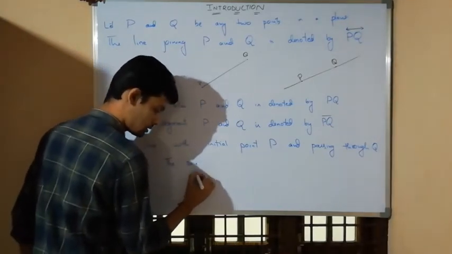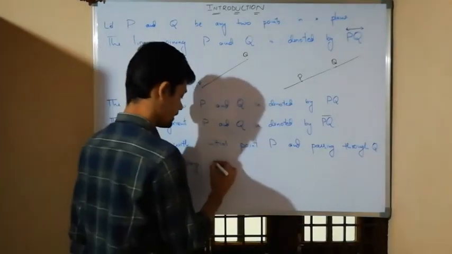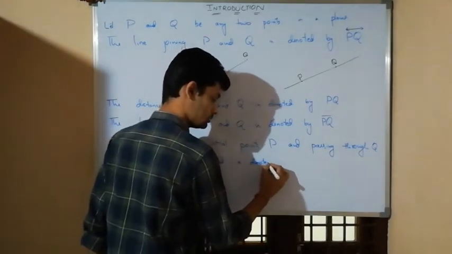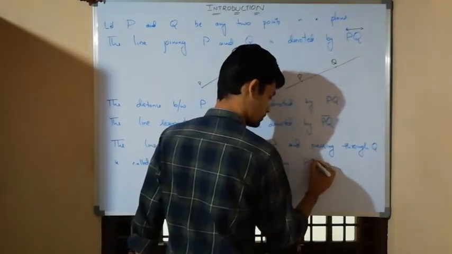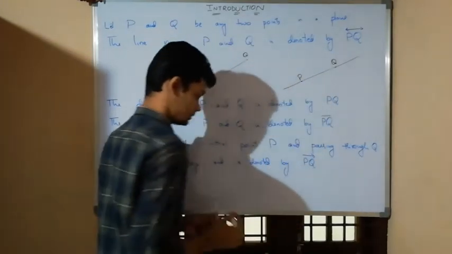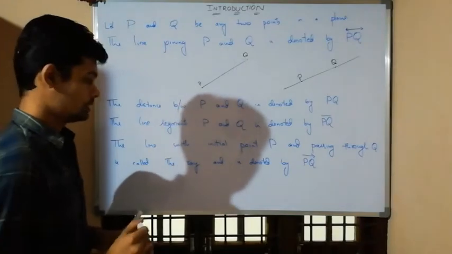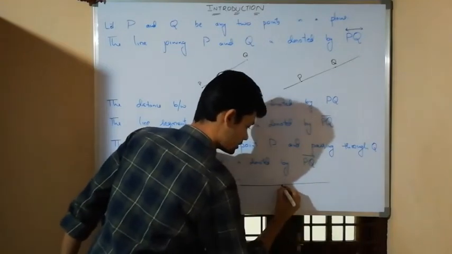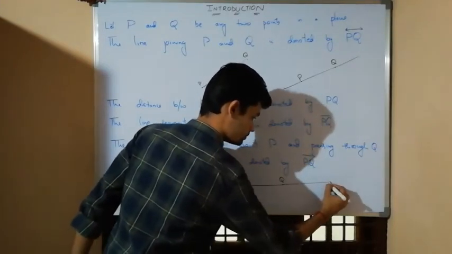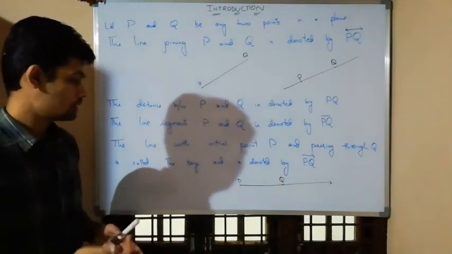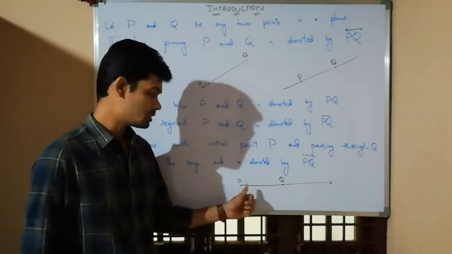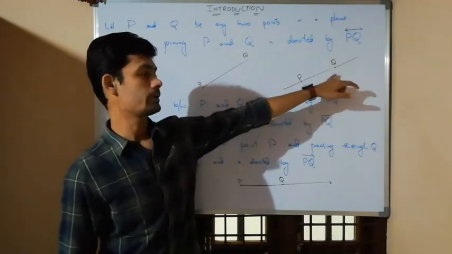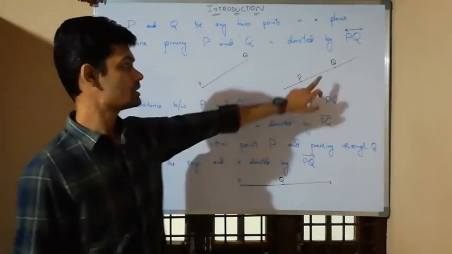The ray is denoted like this, meaning the line whose initial point is P and continuously passes through the point Q. This is called the line joining P and Q, and it is denoted like this.